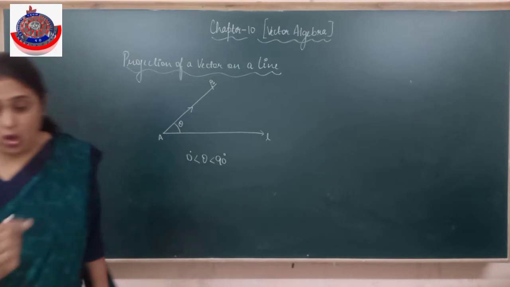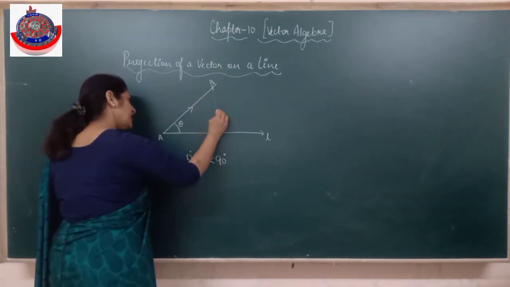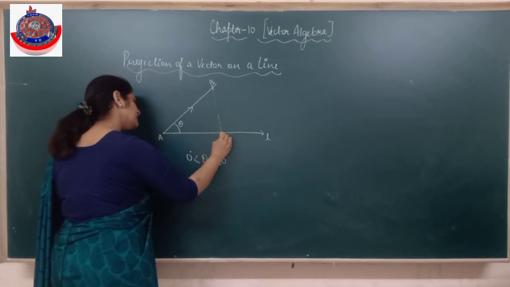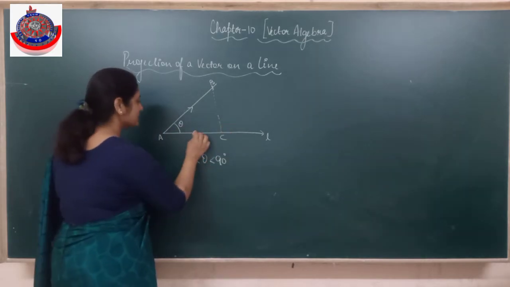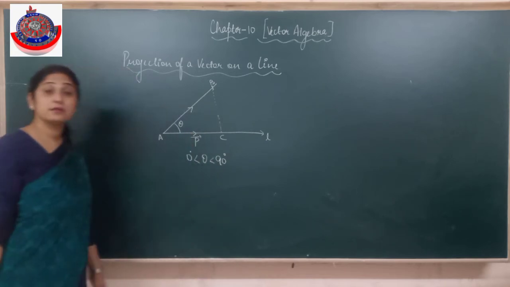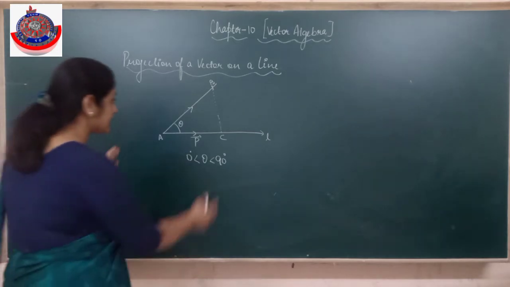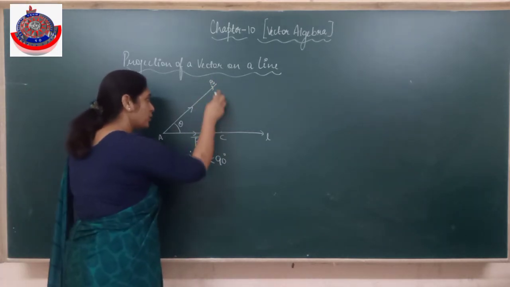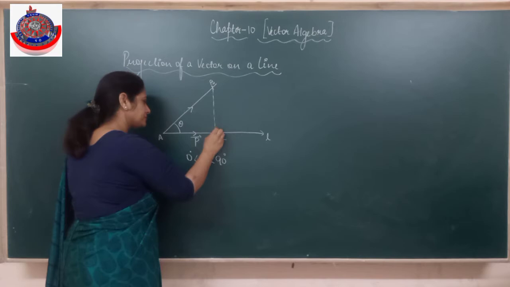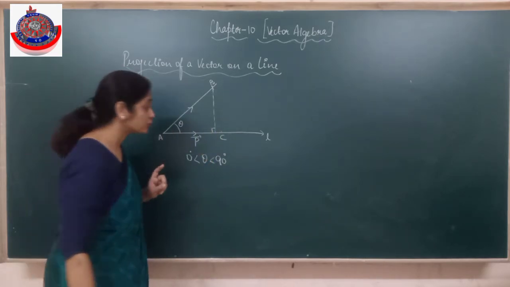The projection of how much length it is covering here, AC. This is the P vector. If I drop a perpendicular onto L, how much length it is covering, that's the projection.